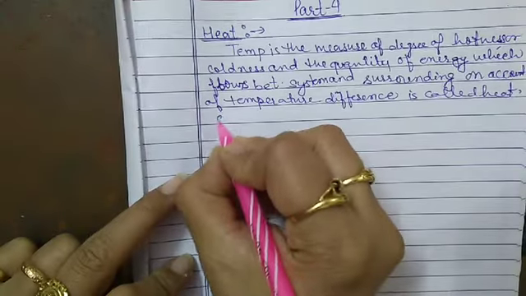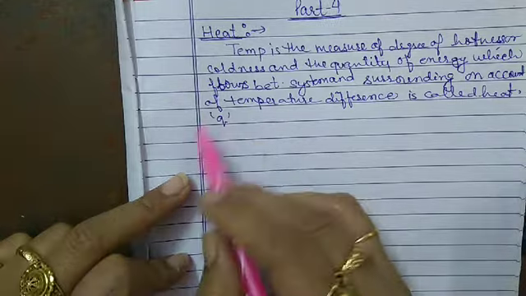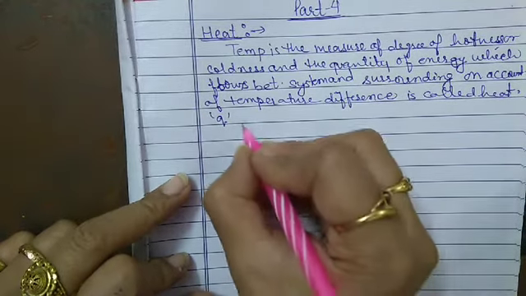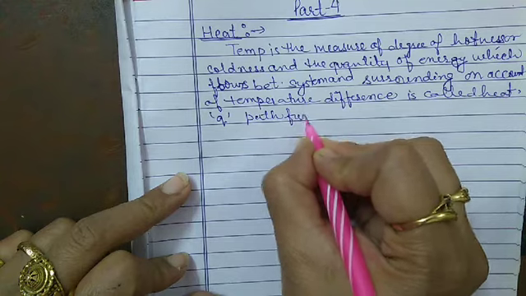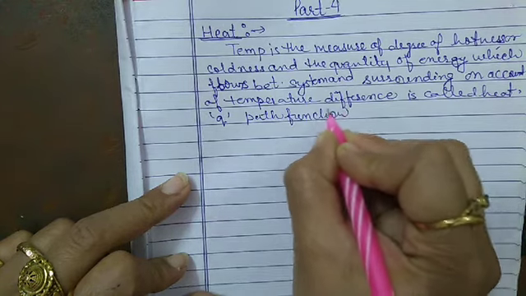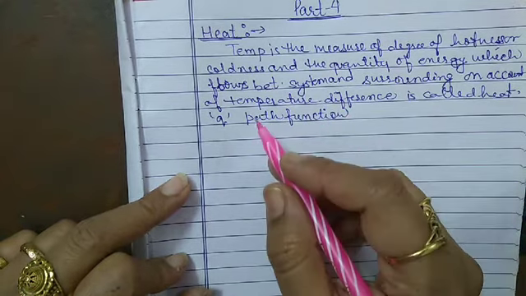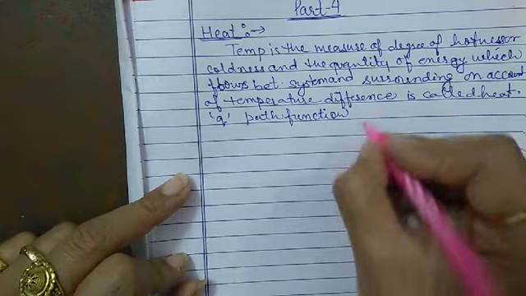Now, heat is designated by the letter Q and it is a path function, which means it depends upon the path followed.